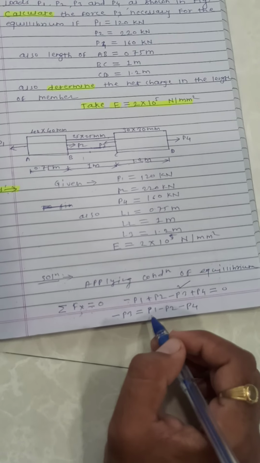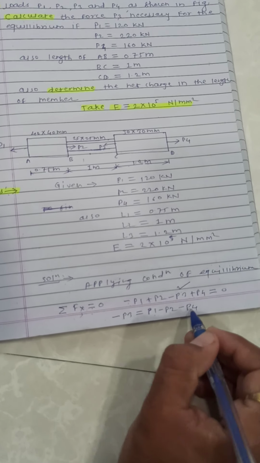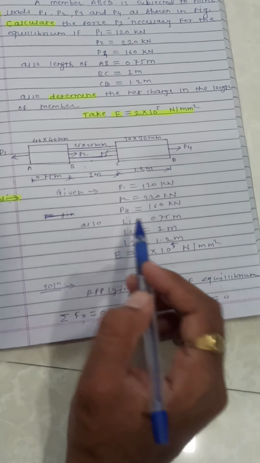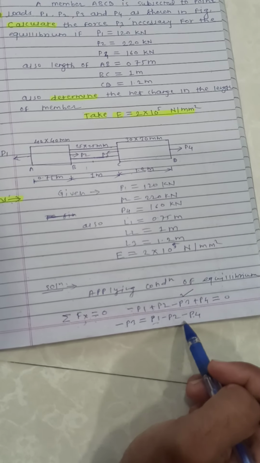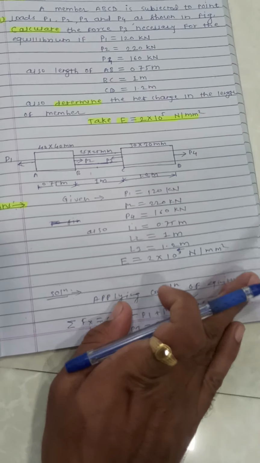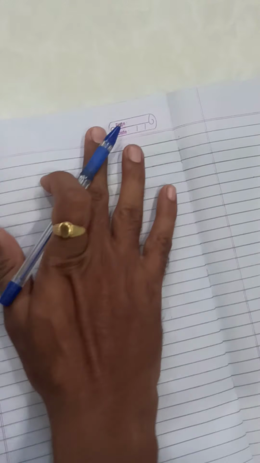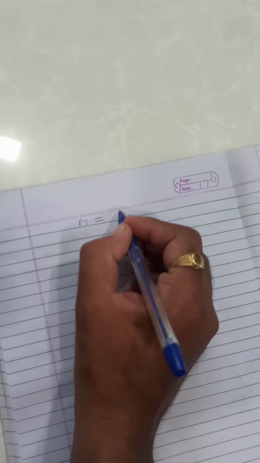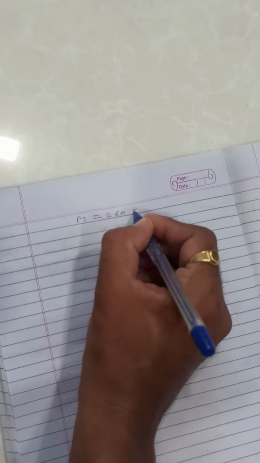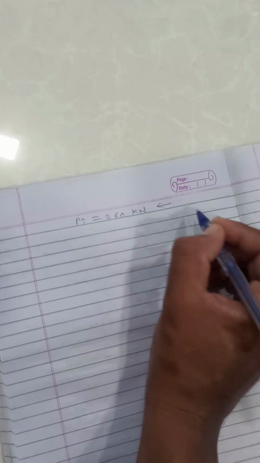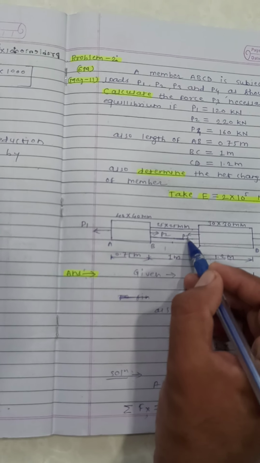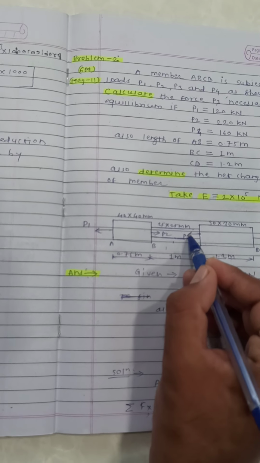So after putting in the values of P1, P2 and P4 which are given in the given data, you will get the answer. P3 is equal to 260 kilonewton acting in this direction, because the direction is already given in the diagram.